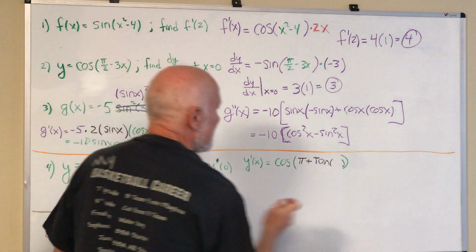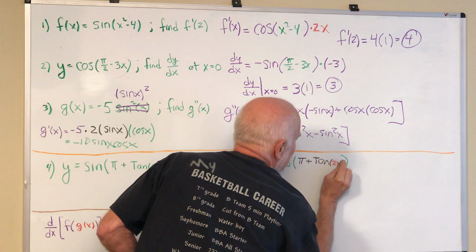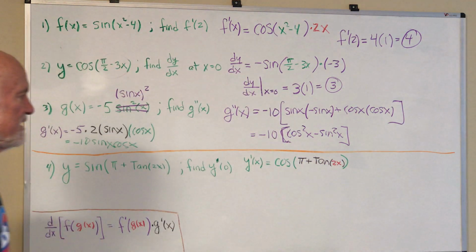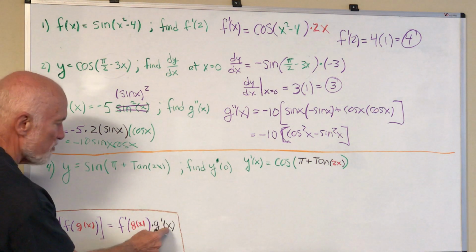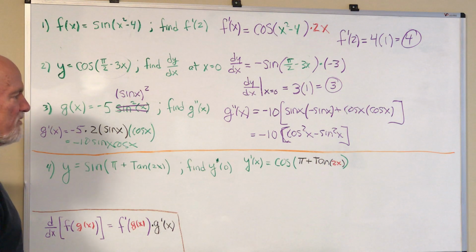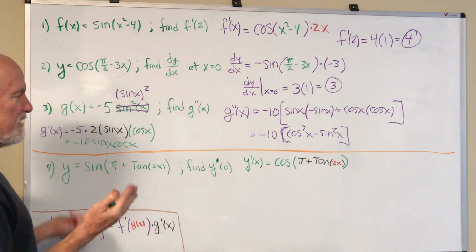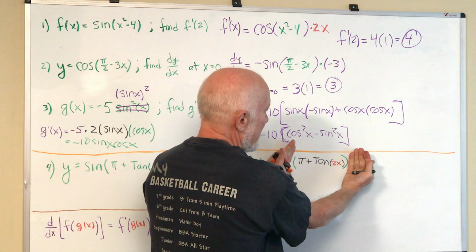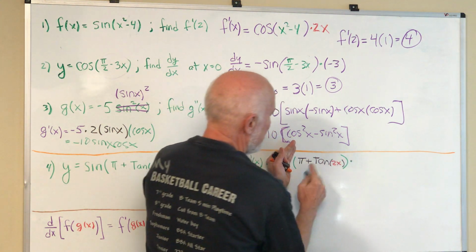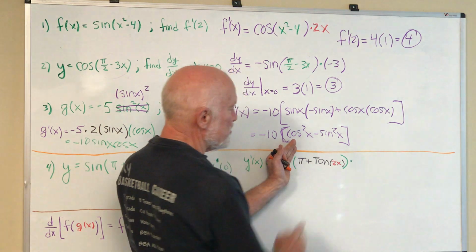And just to try to clarify things, I'm going to write it like that. But then, the second part of the chain rule says to multiply by g prime of x. So let's forget for a minute what we've done and concentrate on the derivative of this other function in here.